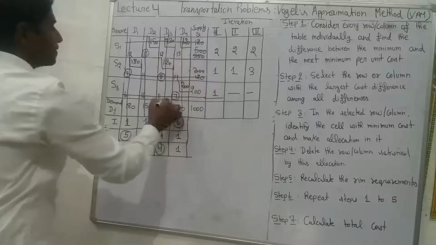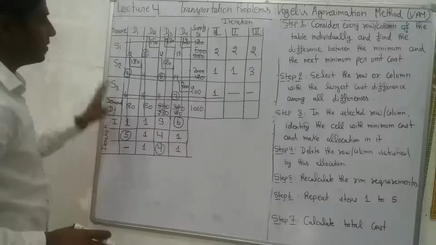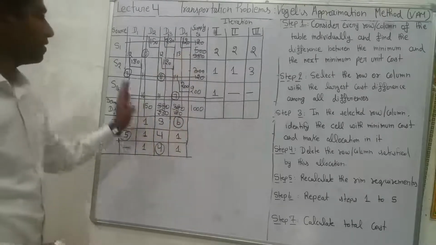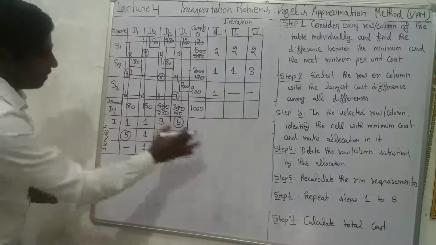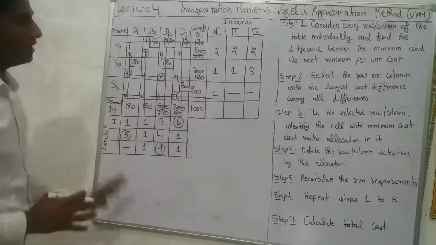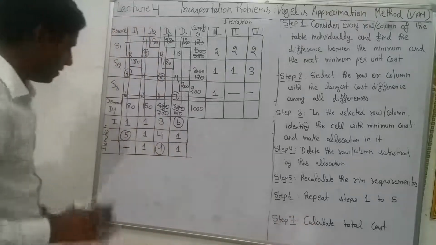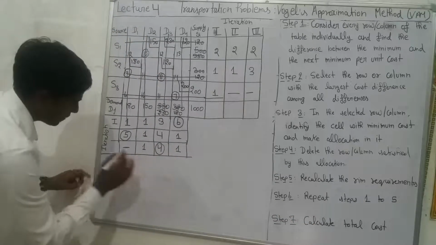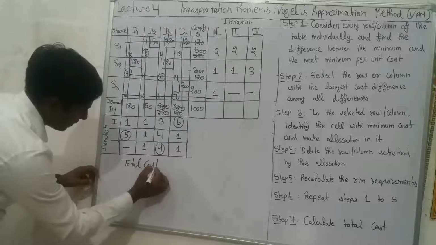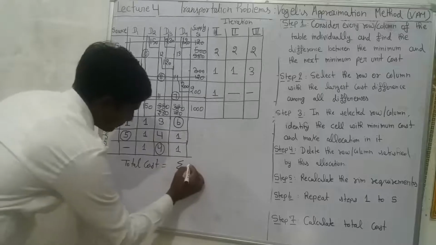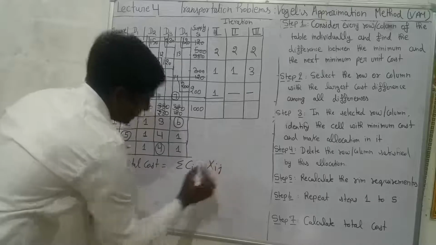So in the end, we are going to cross every row and column, because we have satisfied all the rim requirements for the supply side and for the demand side as well. So this is the solution of this problem. In the next step, we have to calculate the total cost. Again the same formula applies: total cost is equal to the summation of Cij into Xij.